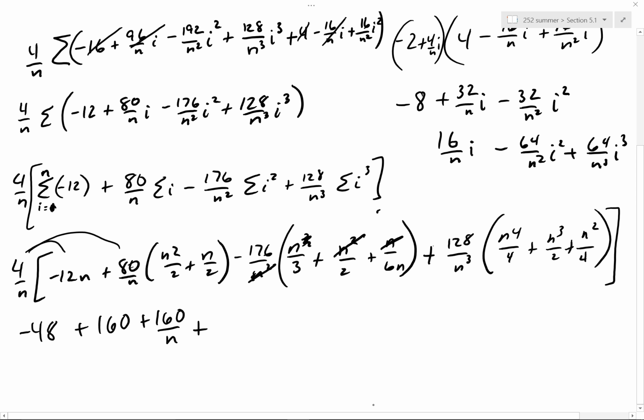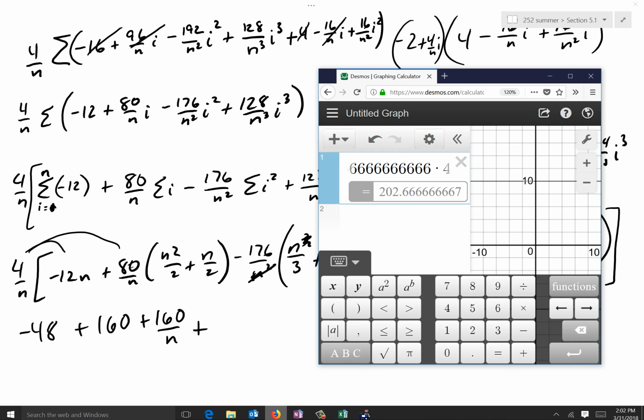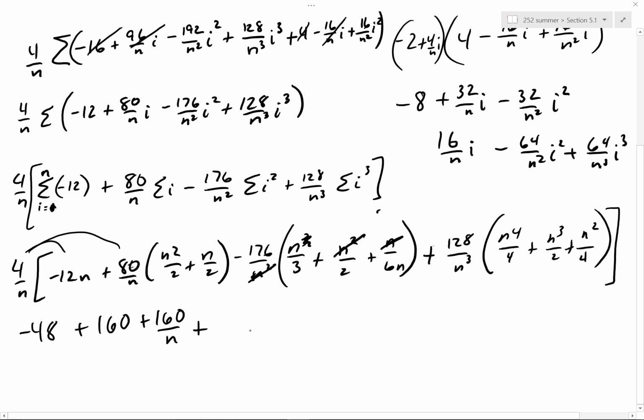What is 4 times 176? 704. Oh, that's right, we saw that before. So minus 704, and then that's over n, of course.